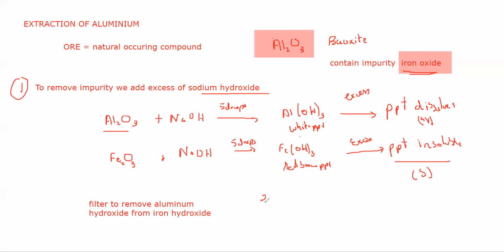The second step, we convert aluminium hydroxide to aluminium oxide. How can I convert aluminium hydroxide to aluminium oxide?